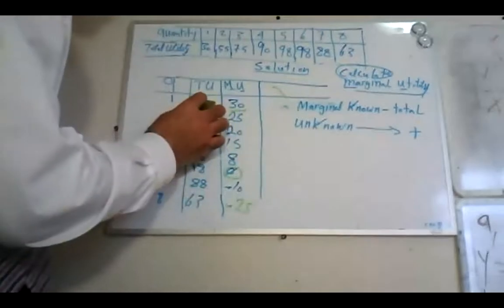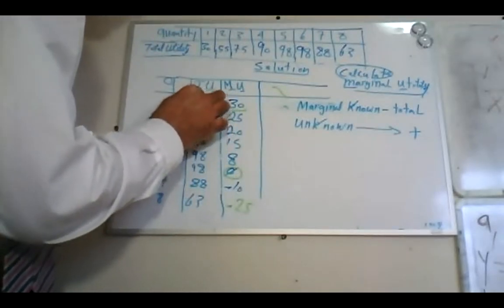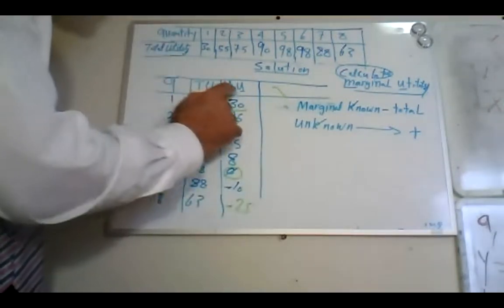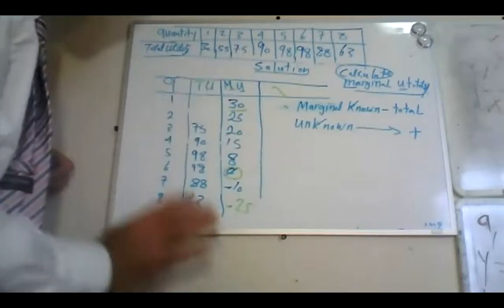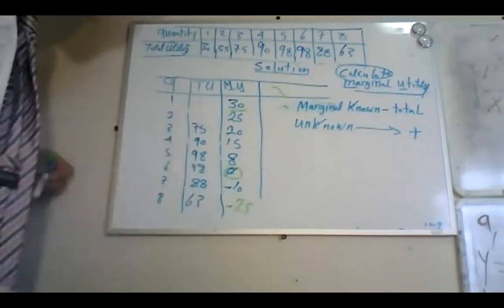Let me take these two numbers as an example. Whatever applies to these two numbers will apply to the rest; I'm just explaining the idea. If I give you the quantity and the marginal utility, but I didn't give you the numbers of the total column, you have to extract it.